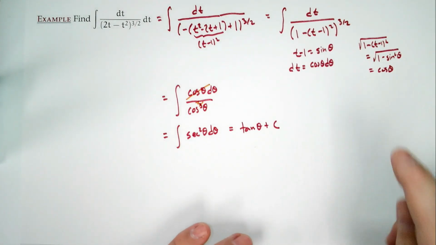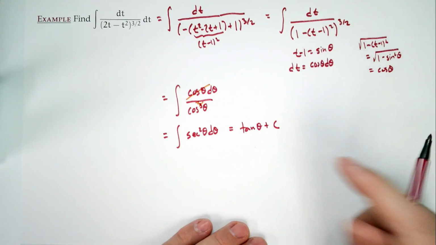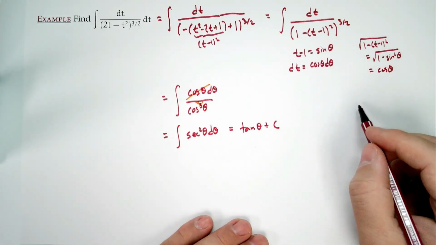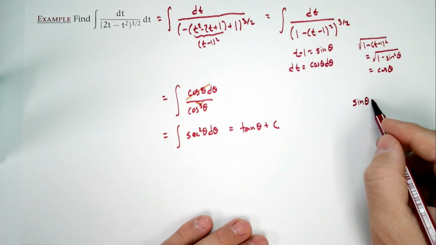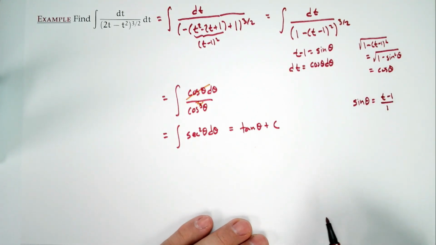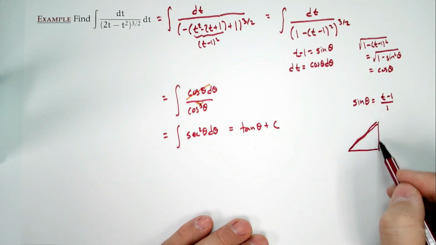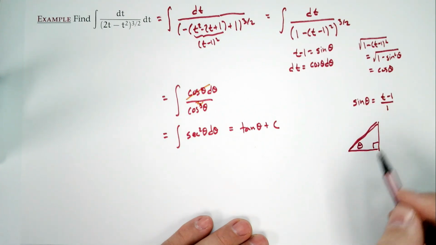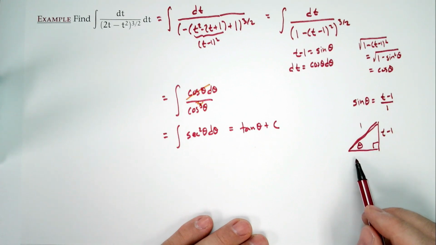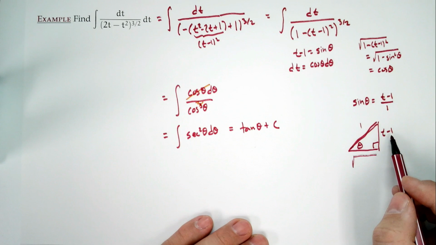Well, we could figure it out. Actually, we could do it from here, sine over cosine. So it's going to be these two terms. But let's suppose we didn't know that. Practice drawing our triangles. So remember, sine theta is t minus 1. Since it's not a ratio, make it a ratio over 1. And we draw our triangle. There we go. Put the theta in the corner. And it's the opposite over the hypotenuse. So the missing side will be what happens when you take the hypotenuse squared minus the opposite squared.